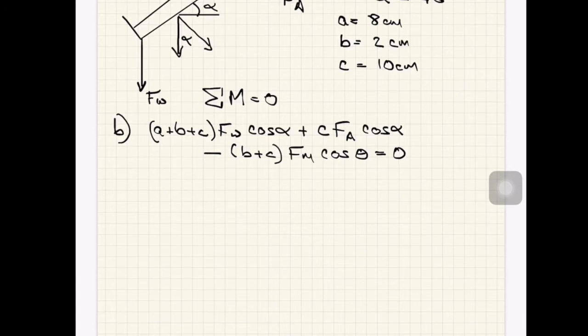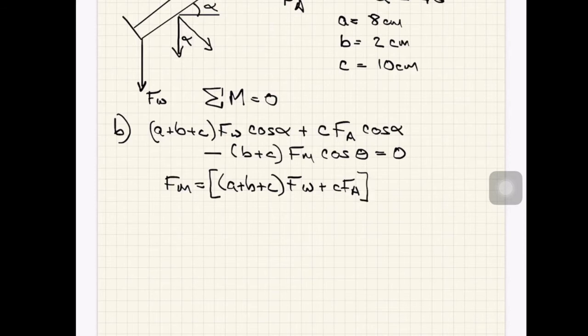And now, with some algebraic manipulation, we're going to put our FM on the left hand side, and then we're going to see what's left on the right hand side: A plus B plus C times FW, and C times FA. You might wonder what happened to the cosine of alpha, but the fact is that cosine of alpha applies to both these terms, so we can write it like this. And that simplifies things, so we don't have to compute cos alpha more than we have to.